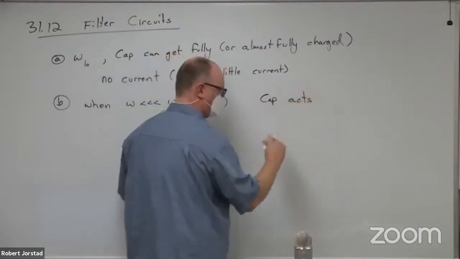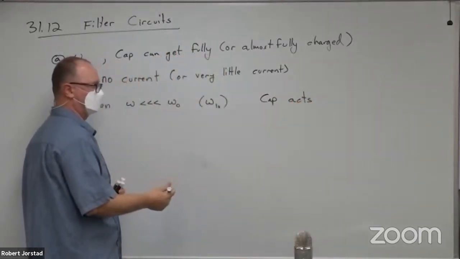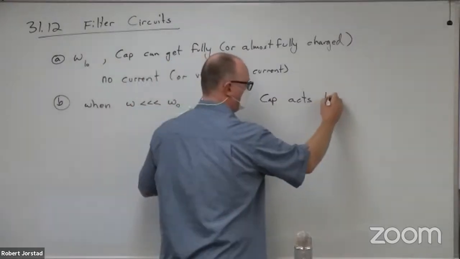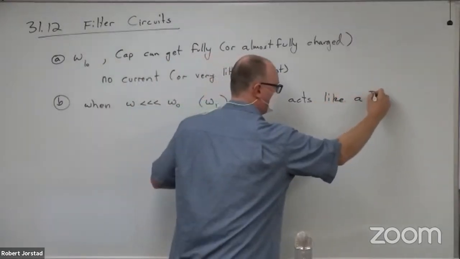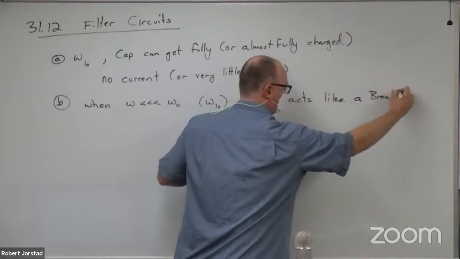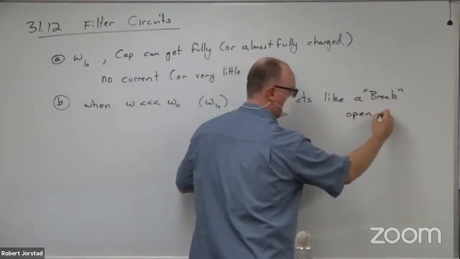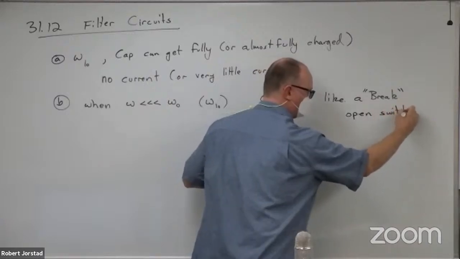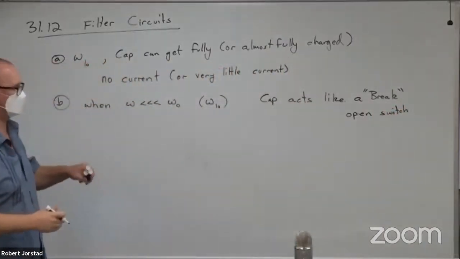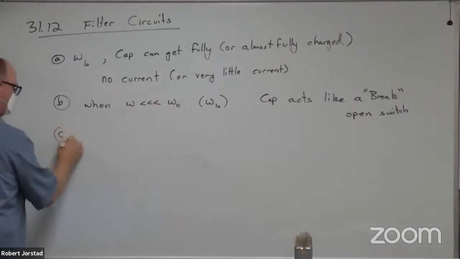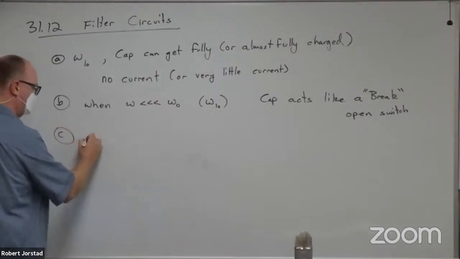Does it act like a short circuit or does it act like a break? So the term we're going to use is break. By that I mean an open switch. No current flows through an open switch. No current flows through a broken switch. Okay. Now what's the next one?